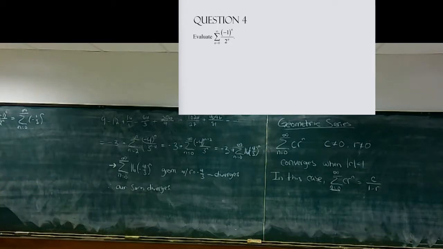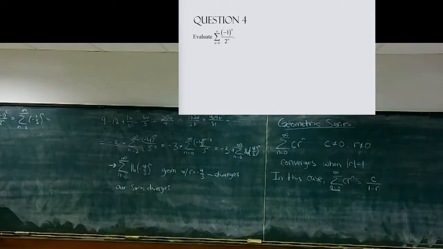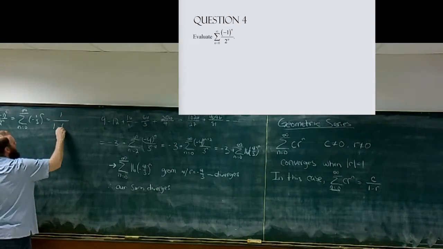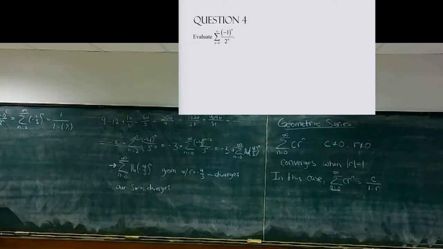C over 1 minus R. What's C? 1. 1 over 1 minus negative 1/2. That's 3/2, right? Sum is 2/3.